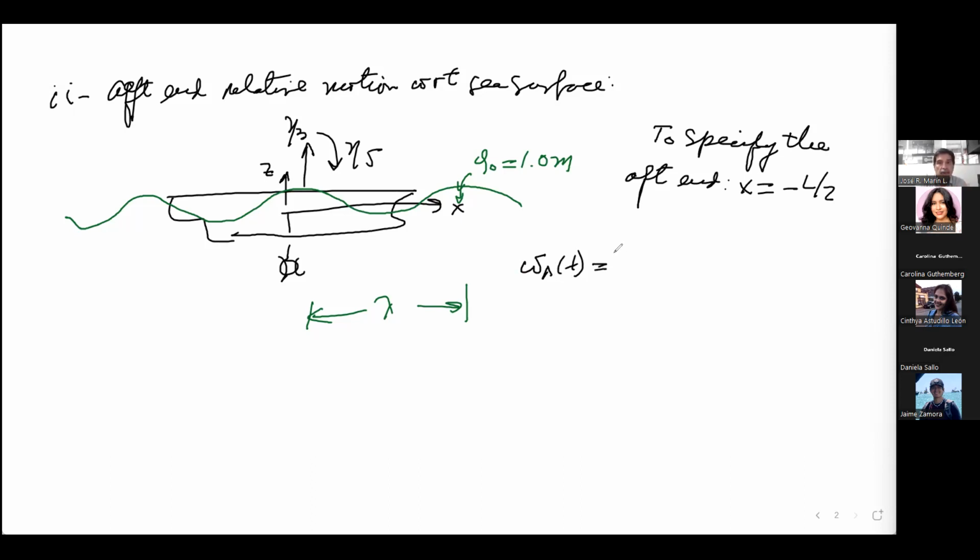It is equal to what? Eta 3 minus L over 2 eta 5, because this minus is this one here. And then we go minus zeta 0 e to the i omega t minus k times minus L over 2.